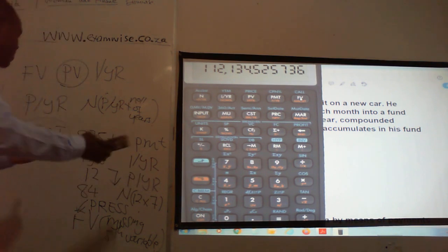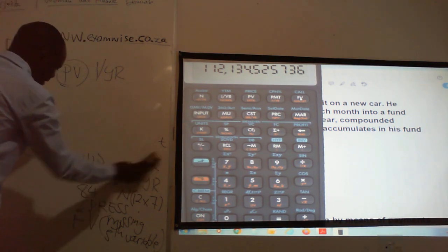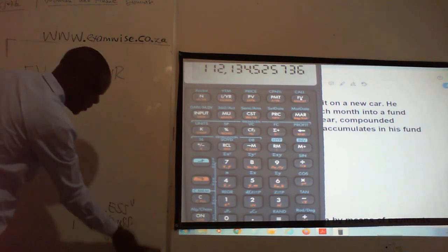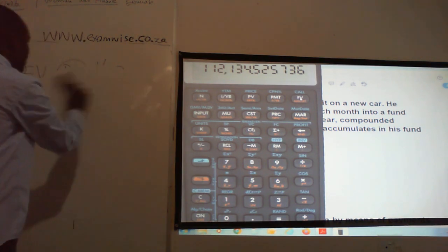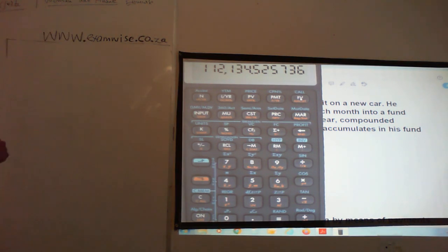We have 112,134.53. So the amount after 7 years in the account will be 112,134.53. Since it is money, we express it to 2 decimal places.